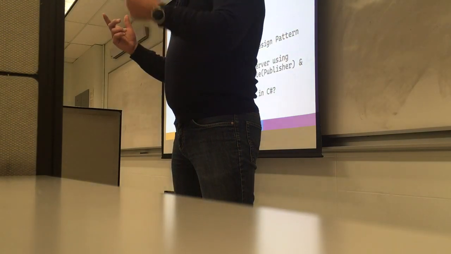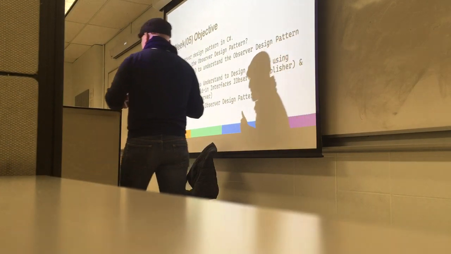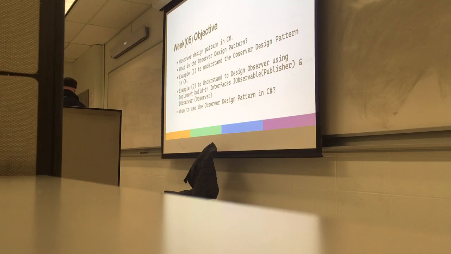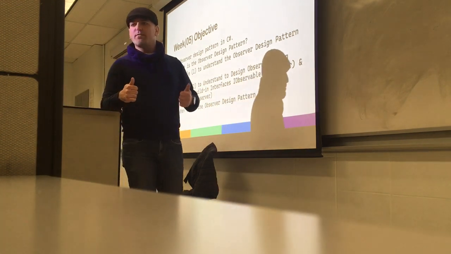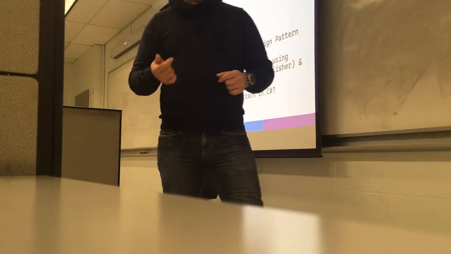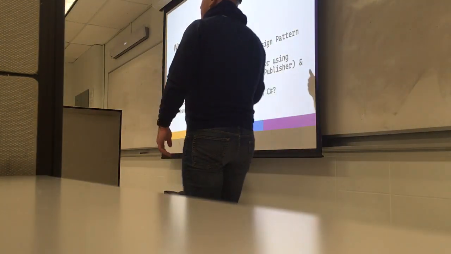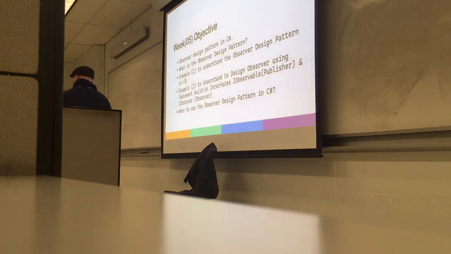Publisher and observer. In the second example, there are built-in interfaces for observer and observable. The observable interface is used for the publisher class, and the observer interface is implemented by the observers. The first one, observable, is a built-in interface that includes a list of methods.